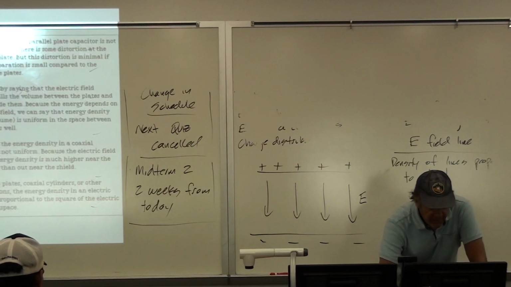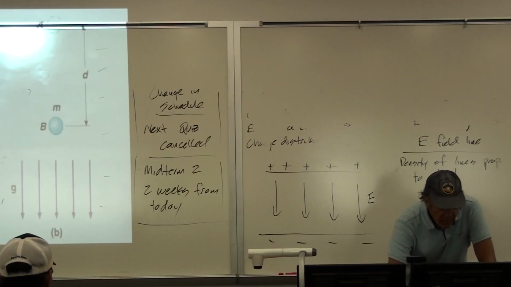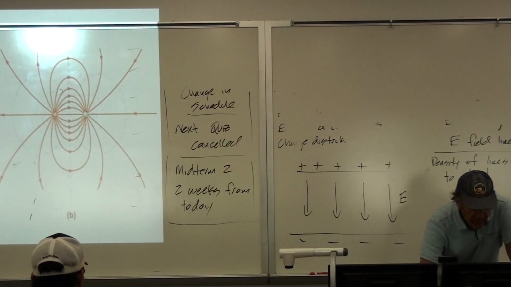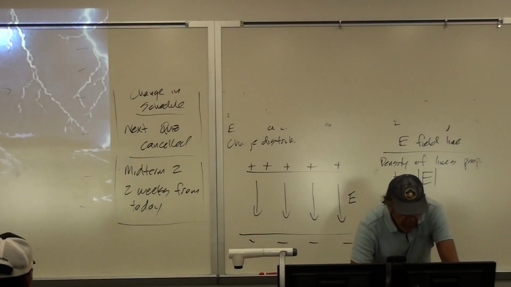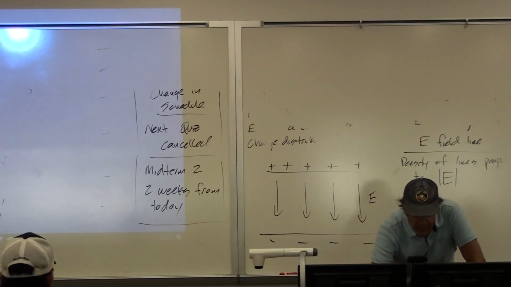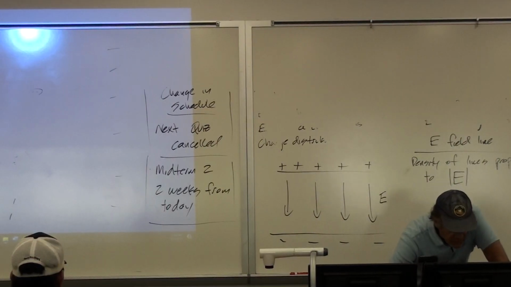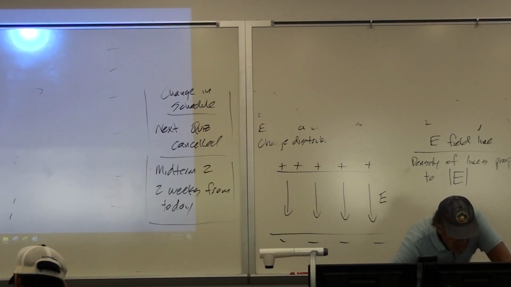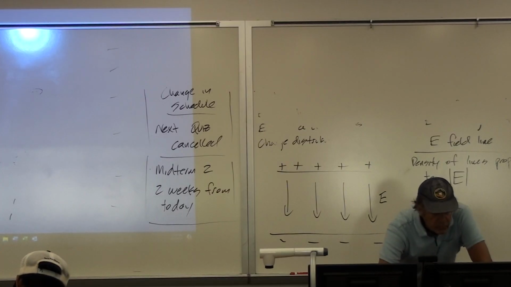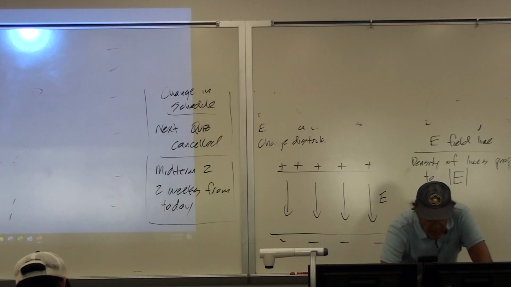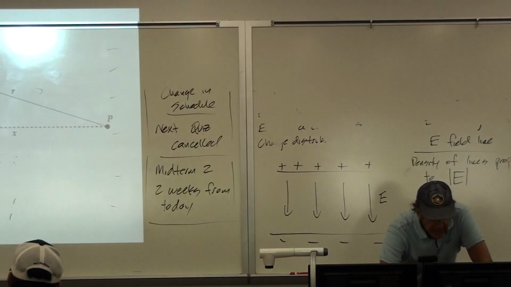So next, what I want to do is look at E-field calculations for continuous distributions of charge. Okay, and the simplest problem I know how to do is a ring, a charged ring.